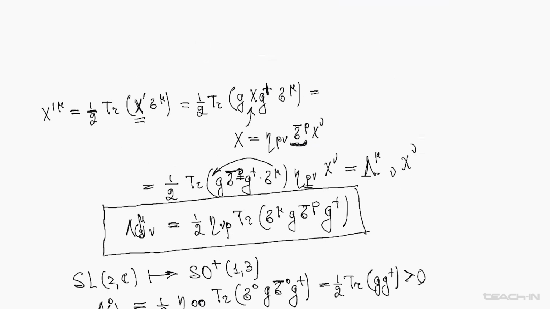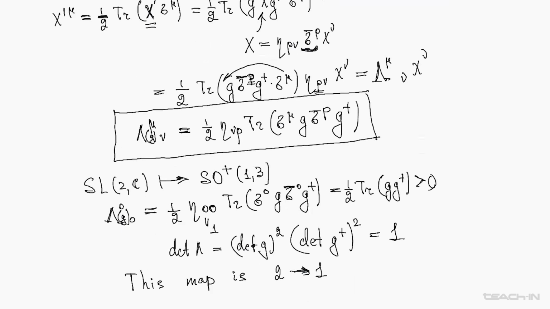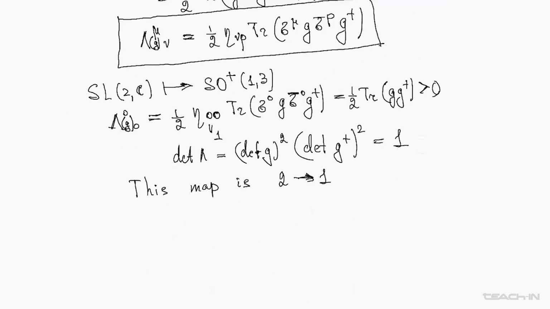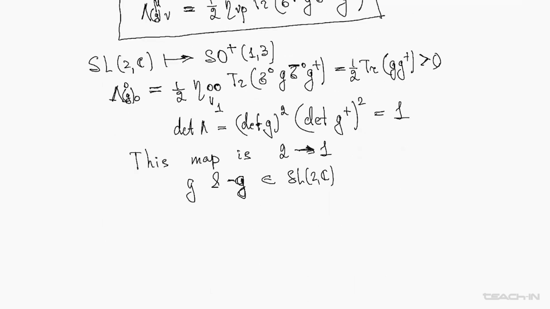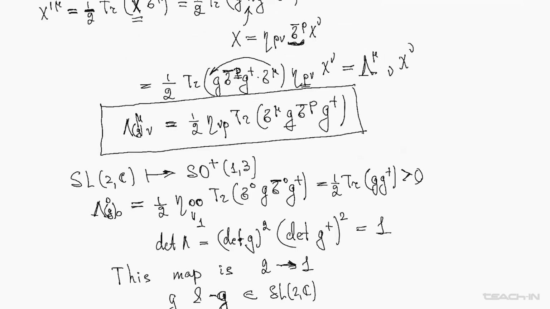And you see it because the elements G and minus G both belong to SL2C. If G belongs to SL2C, then minus G is also an element of SL2C. These matrices G and minus G go to one element of the Lorentz group because the corresponding Lorentz transformation is quadratic in these elements G and G dagger. So if you change G to minus G, the matrix lambda which you construct in this way will not change. It's one and the same matrix.